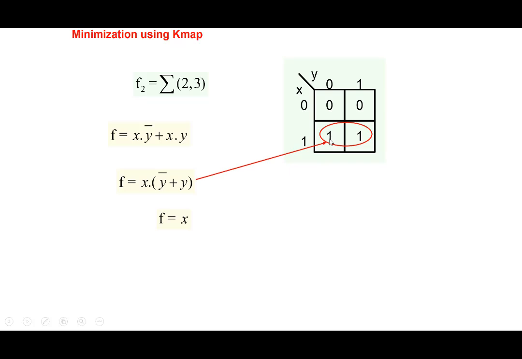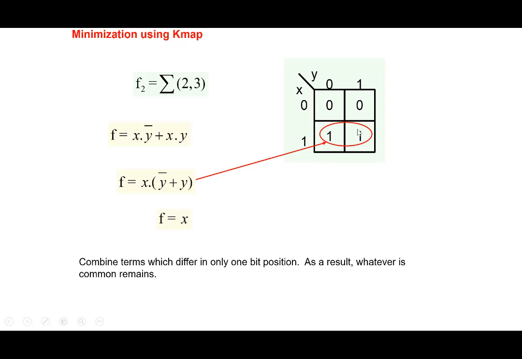Combine terms which differ in only one bit position. When you combine two terms, you want to apply this principle y plus y bar, so you want the two terms to differ in only one bit. That one variable is changing from 0 to 1, and that's why you can apply y plus y bar equal to 1.